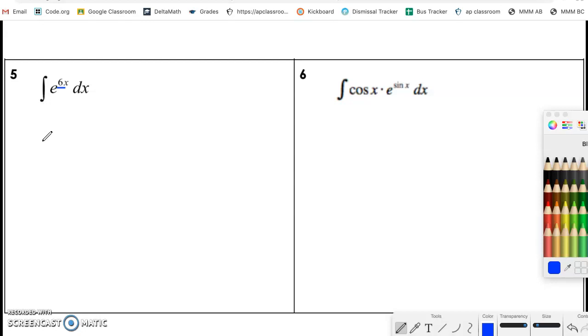So that becomes just, we take the antiderivative of e, which is just e, keep my exponent the same, and then I'm going to multiply by the reciprocal of the coefficient, which is 1/6. I'm going to say plus c.